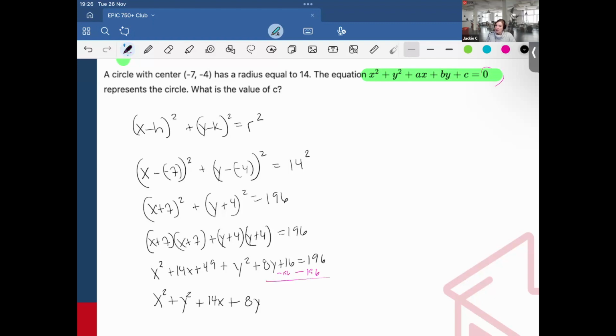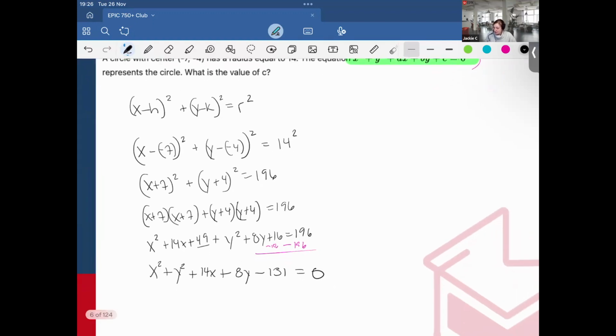And so 16 minus 196, it is, oh, sorry. So 49 plus 16 minus 196 is negative 131, equal to 0.